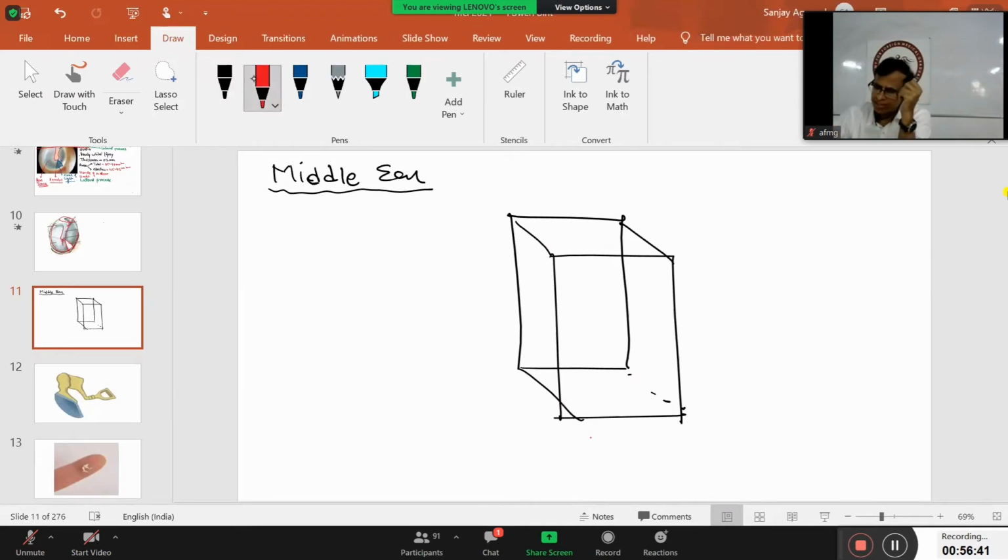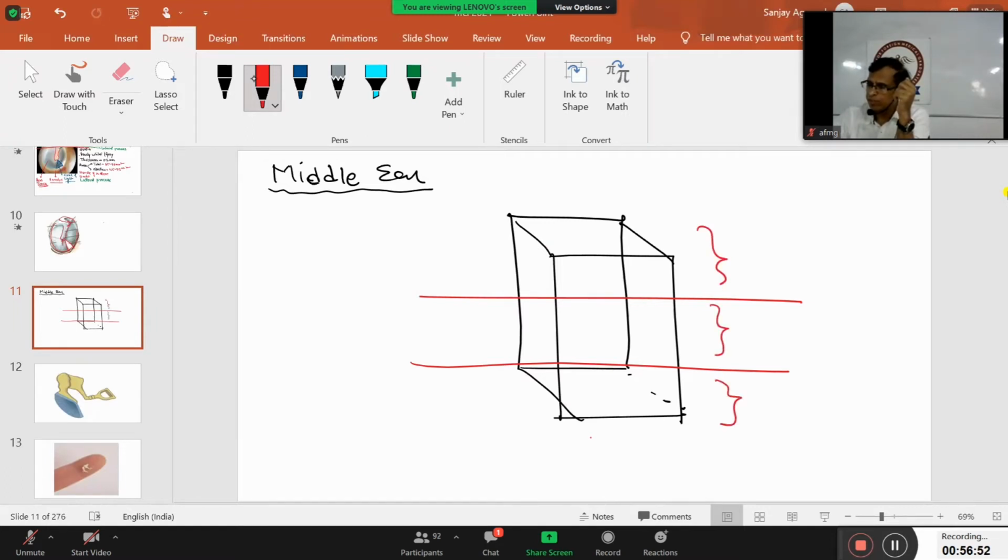If I draw 1 line here and 1 line here, how many compartments we have? 3 compartments. This is upper compartment, this is middle compartment, this is lower compartment. 3 compartments: upper, middle, lower. 6 boundaries, 3 compartments.